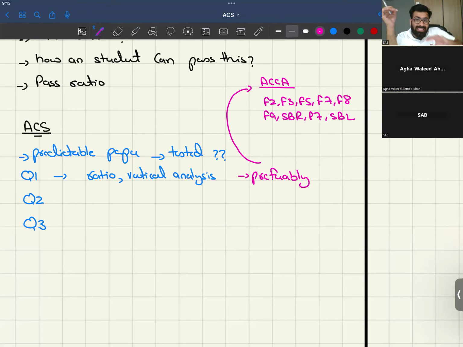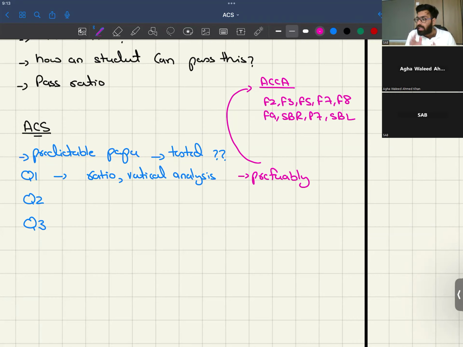Since I did ICAEW after ACCA, I remember doing these requirements in every paper. If you are from ICMA, ICAP or any other body, you have done this type of requirement. I'll show you the question paper towards the end of this orientation session, the last attempt we just had, Fulsome Digital Marketing.